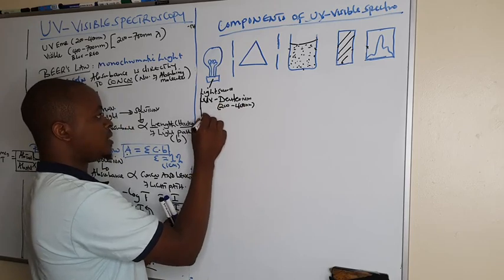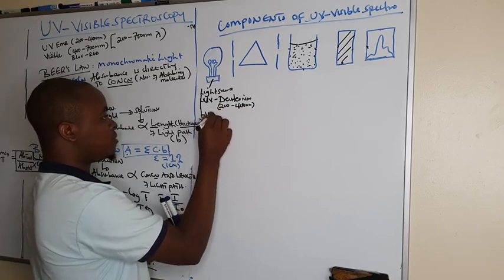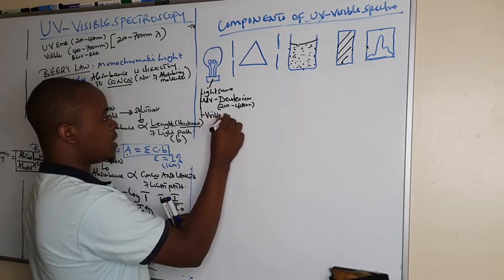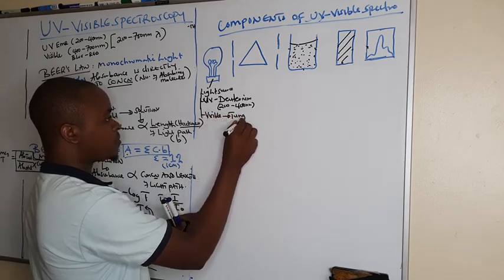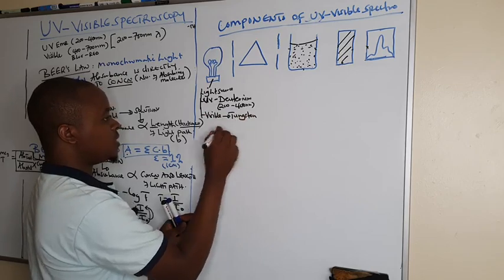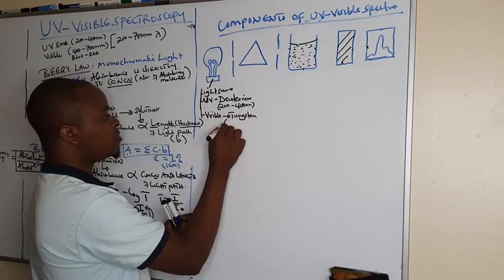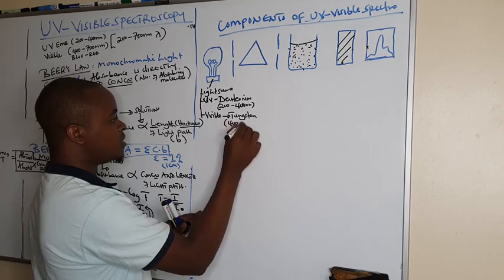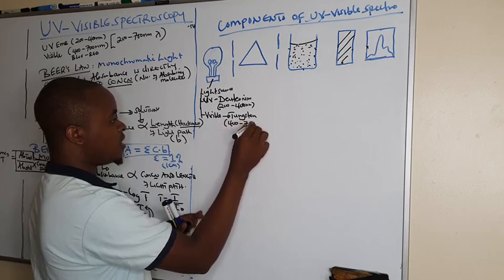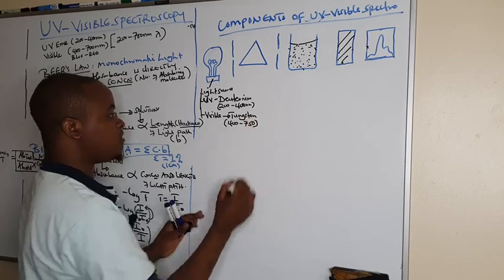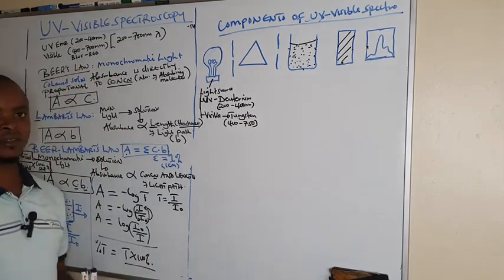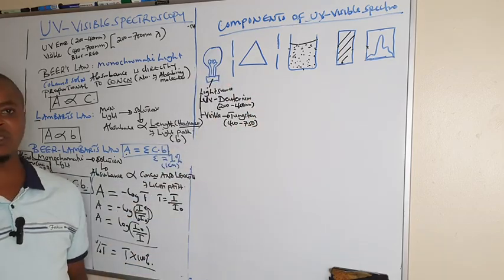Then another one is the visible, which is produced by the tungsten bulb, sometimes containing halogen. This tungsten bulb produces light between 400 to 750, sometimes even up to 800 nanometer wavelength. So this is the light source we are using.